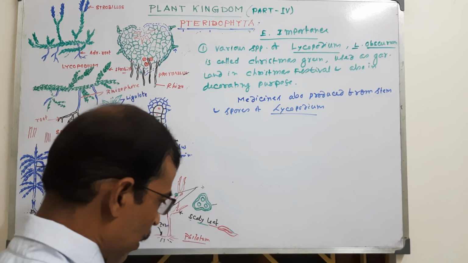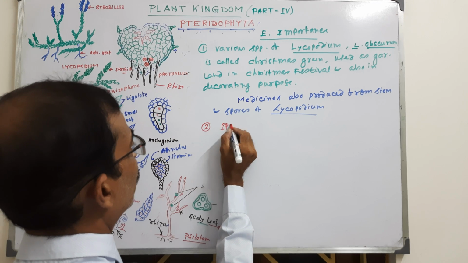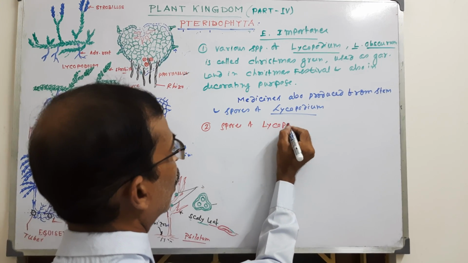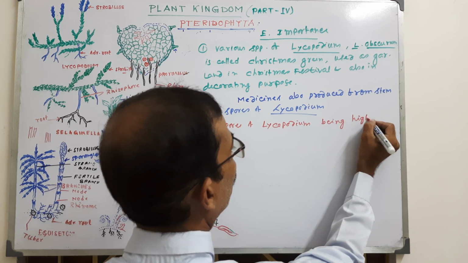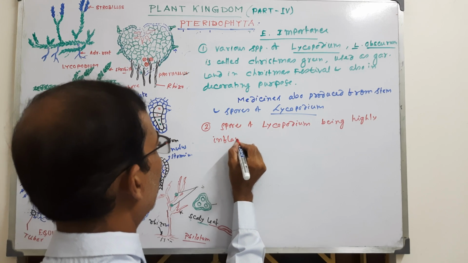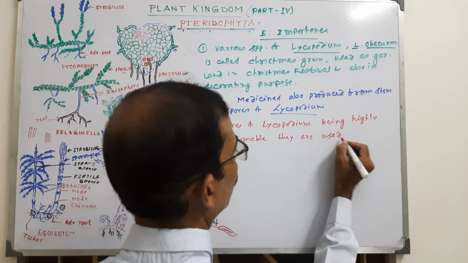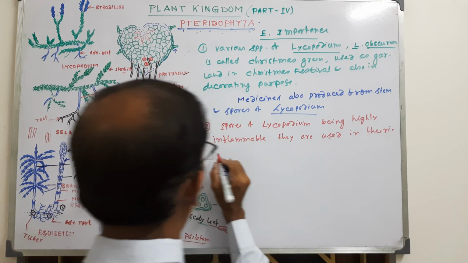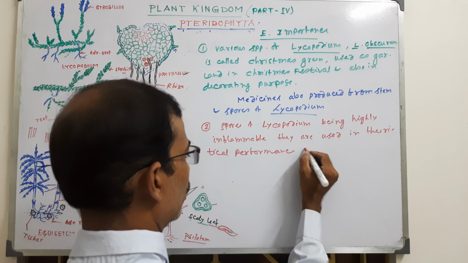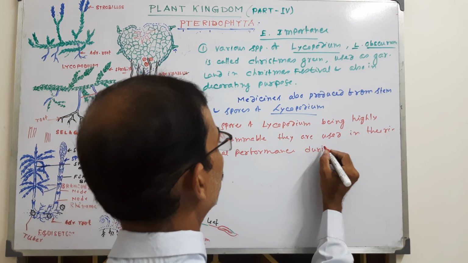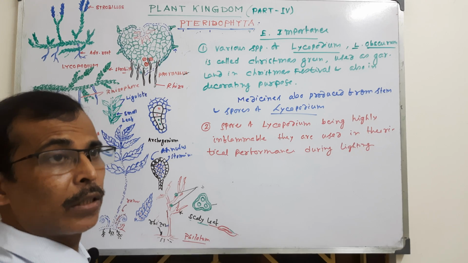Okay. Number three, spores of Lycopodium, being highly inflammable, are used in theatrical performances for producing lightning, because they produce yellow colored light like burning sulfur.